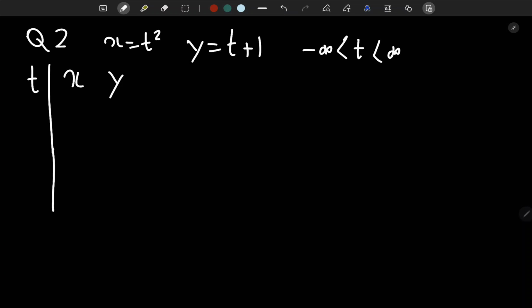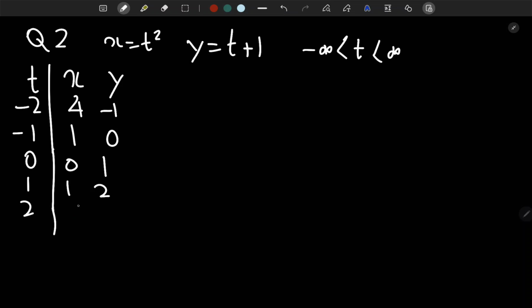So I'm gonna take -2, -1, 0, 1, and 2, the most basic values, and we get 4, -1, 4, -2, 1 and 0, then 0 and 1, 1 and 2, and finally 4 and 3. So now let's graph it. Sorry about my graph, it's not that clear, but you have to bear with it.